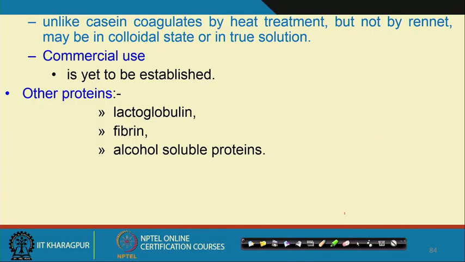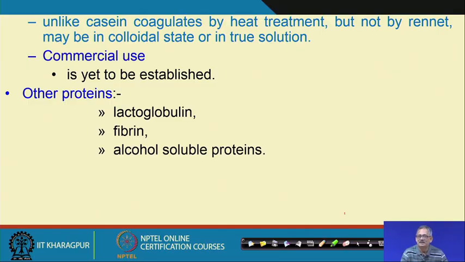That is why we say that unlike casein, which is precipitated by the action of rennet or renin, whey protein is not, but it coagulates by heat treatment.